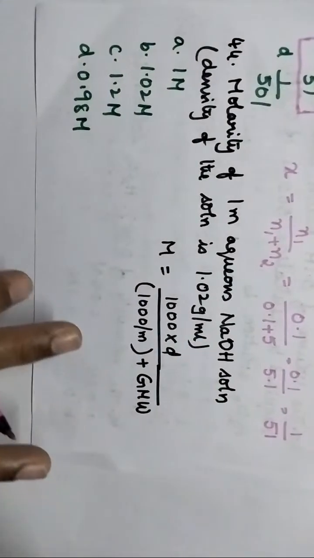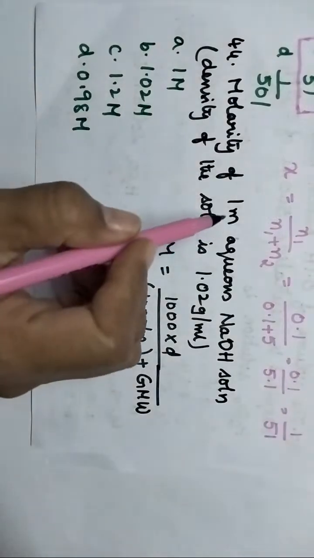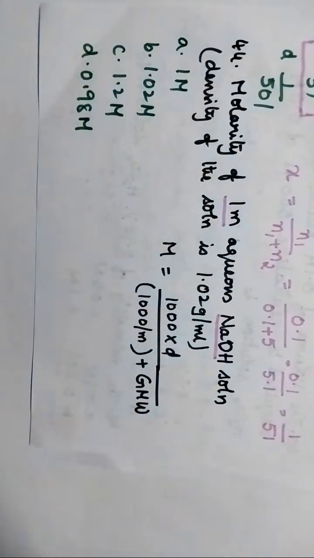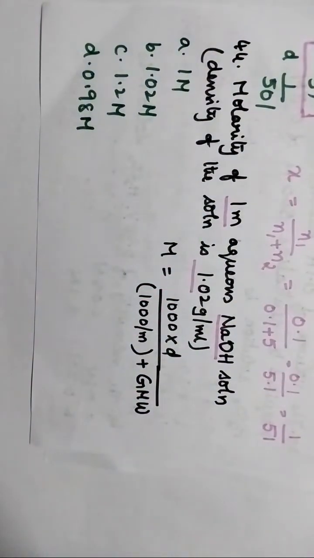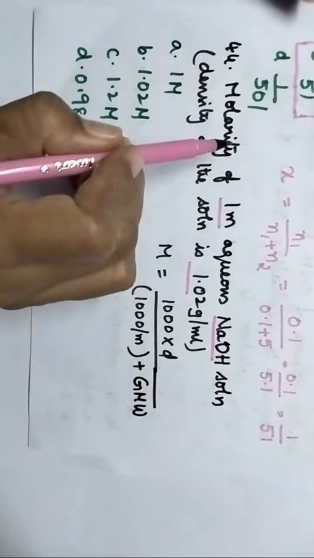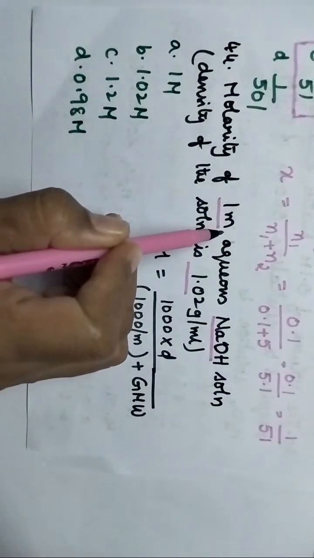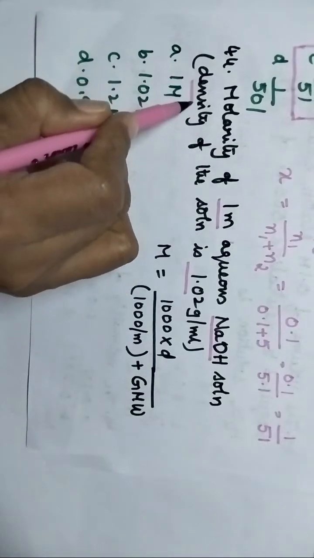Coming to the next question. Molarity of 1 molal aqueous NaOH solution is, and the density of the solution is given as 1.02 gram per mL. Here we have to know the relation between molarity and molality. In this question, the molality is given and you are supposed to calculate molarity, and also density is given.